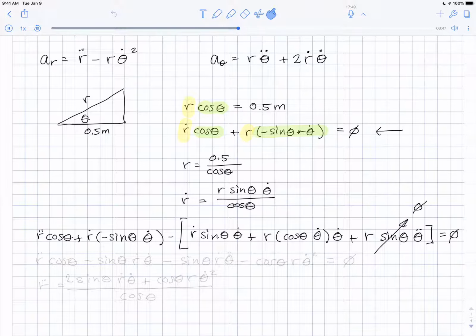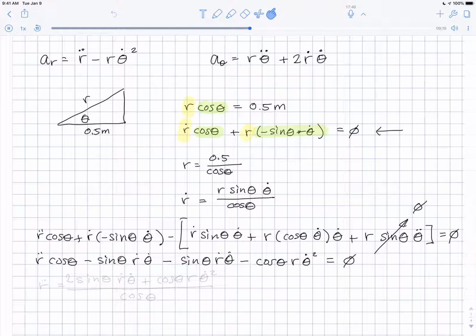So expanding this out a little bit, r double dot cos theta minus sine theta r dot theta dot, minus sine theta r dot theta dot, minus cos theta r theta dot squared equals 0.